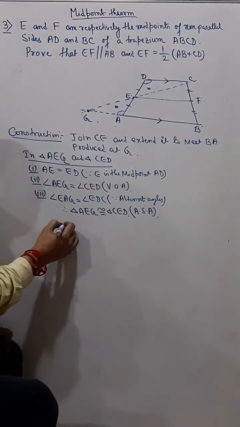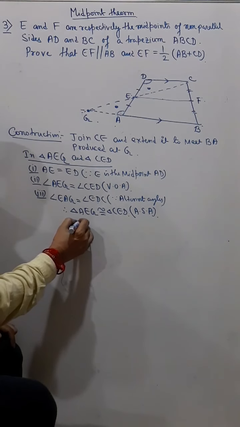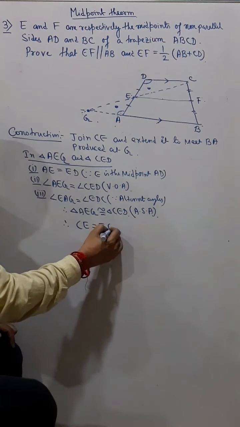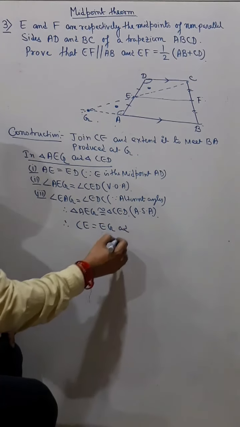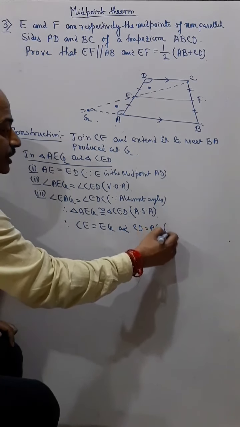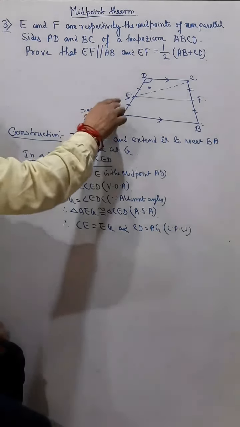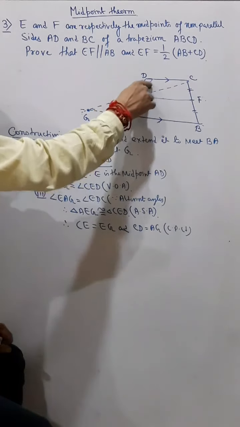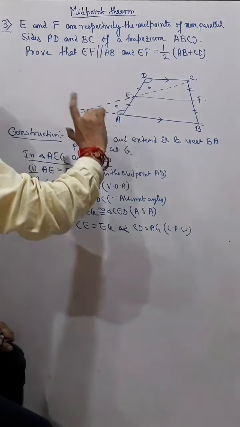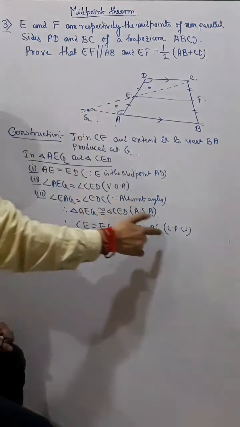Now from here, what conclusion can we see? Therefore we can say that CE is equal to EG and CD is equal to AG. All are due to CPCT, corresponding parts of congruent triangles are equal. So if these two triangles are congruent, then CE equals EG, the first thing. Second thing, CD is equal to AG, CPCT.